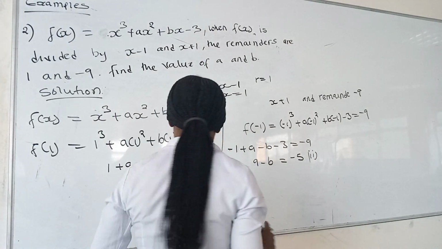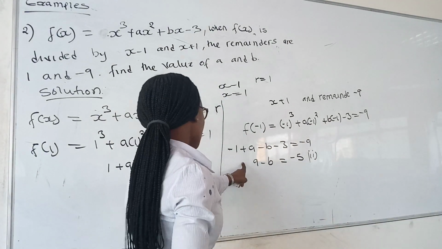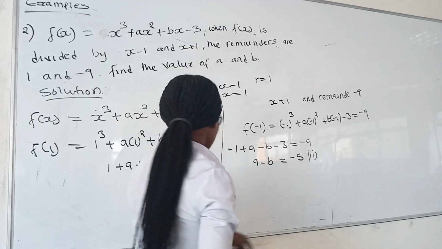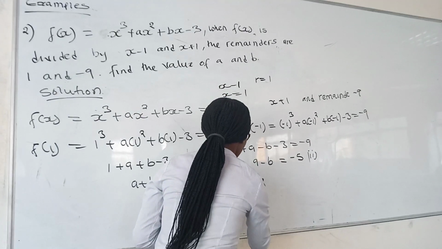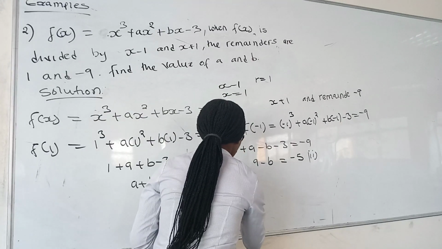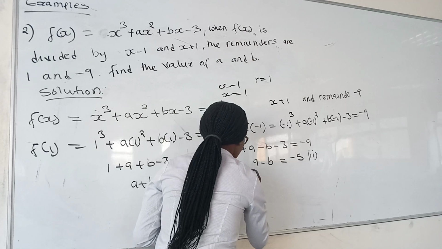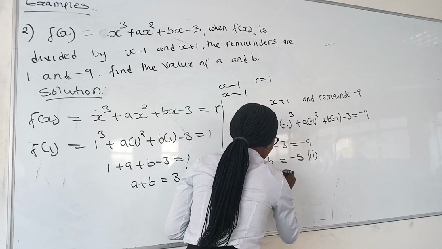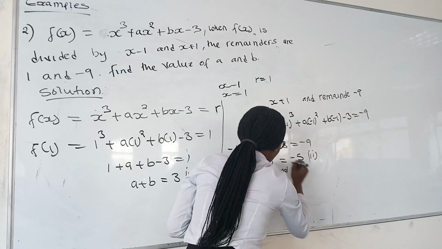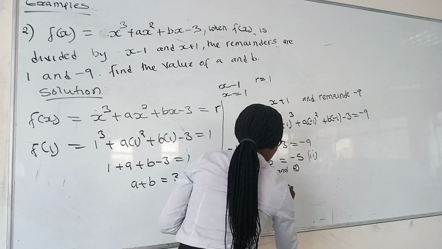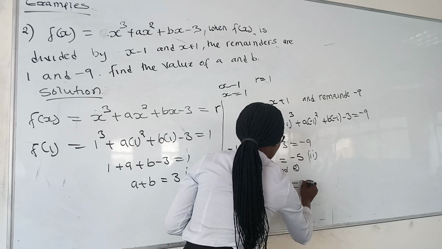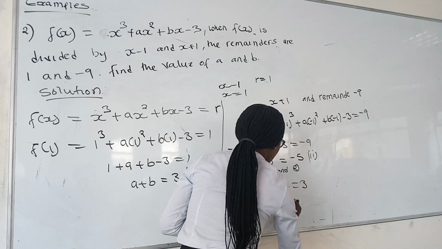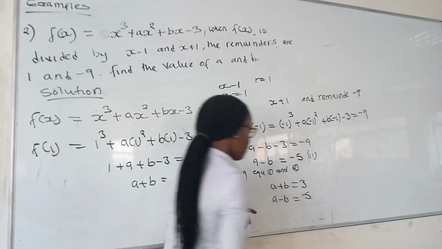We're now going to solve the first equation and the second equation simultaneously. So solving equations 1 and 2, we have a plus b equal to 3 and a minus b equal to negative 5.